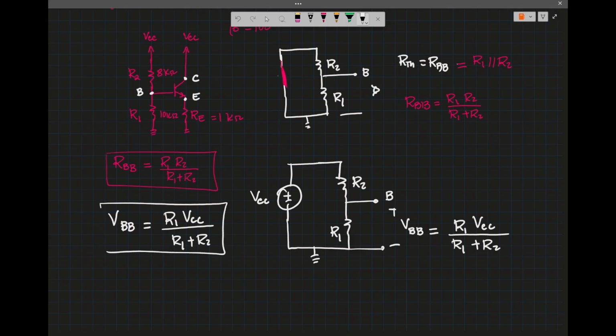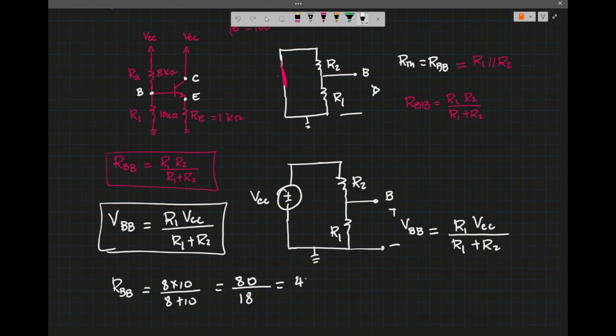Let's calculate those. So we have RBB, which is 8 times 10 divided by 8 plus 10, which is 80 divided by 18.